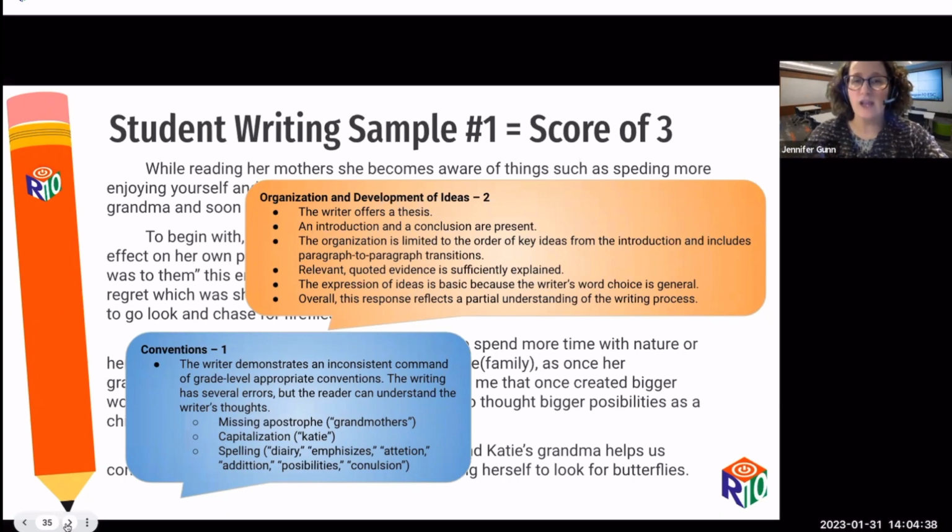They have relevant evidence, but the expression of ideas is still basic, which goes back to the feedback I gave on their goal. Instead of using very generalized words, how can we make them more specific? This student, because of an inconsistent command of grade level conventions, scored a 1 on conventions. So that score overall is a 3 out of the 5 possible points.